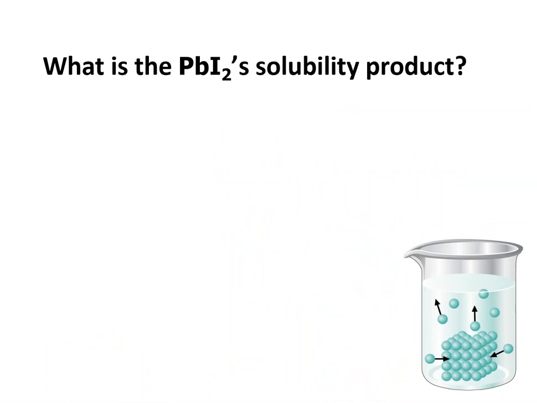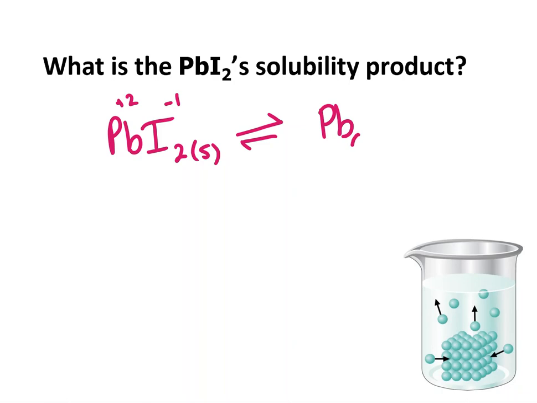Let's look at a specific compound and come up with the expression for its solubility product. So this is lead iodide, and we need to be able to figure out these charges because when it breaks apart, so there it is as a solid. Over here I need to have it broken up, and AQ, aqueous, with the charges shown. And then I also need to pay attention to that too.